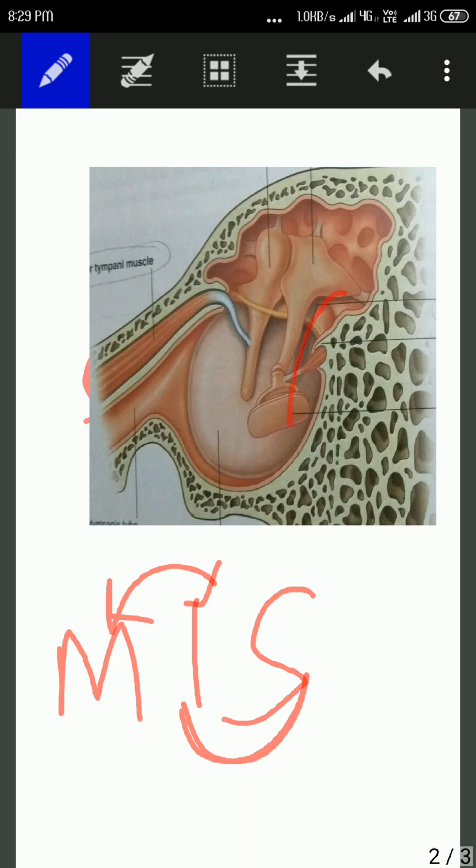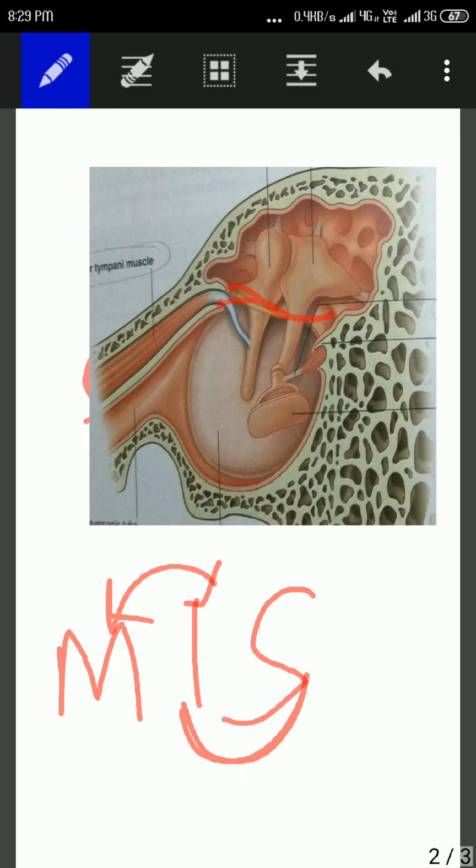Here we can see the posterior wall of the middle ear, and it has the tendon of the stapedius entering into it. This makes an eminence in the posterior wall of the middle ear, which is called the stapedial eminence. After that, in between the malleus and incus, we can see a yellow colored structure running through it.